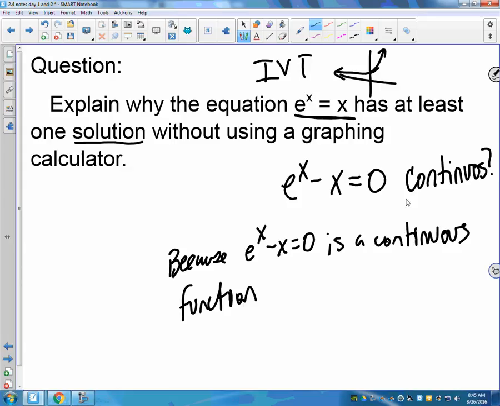We're supposed to use the intermediate value theorem.